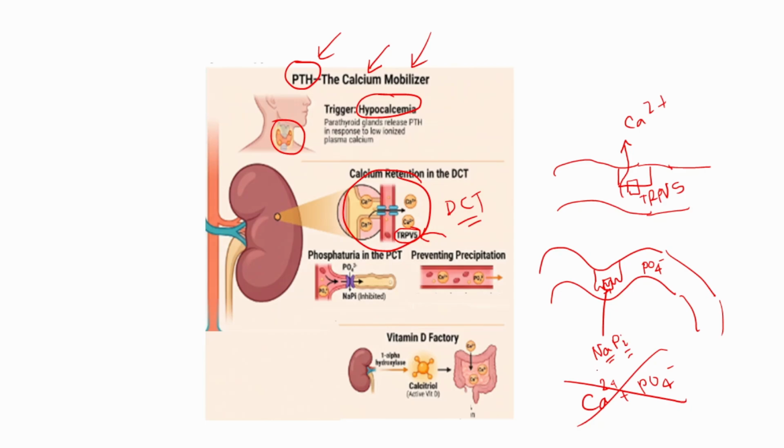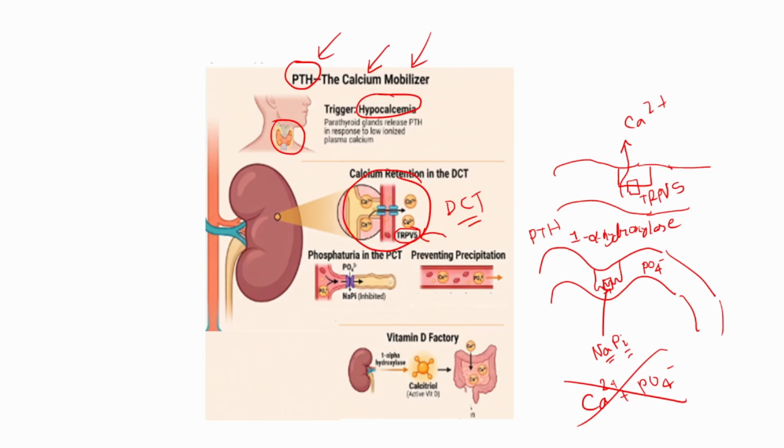Finally, we map the kidney function as a specialized vitamin D factory within the proximal tubule cells. PTH does one thing. PTH will directly activate the enzyme called 1-alpha hydroxylase.